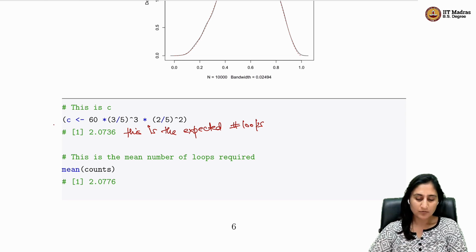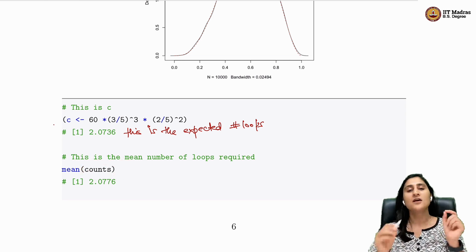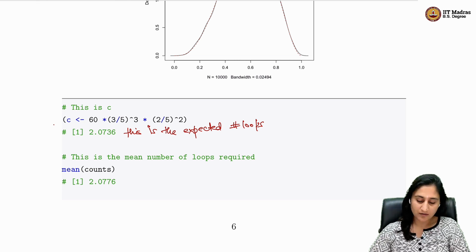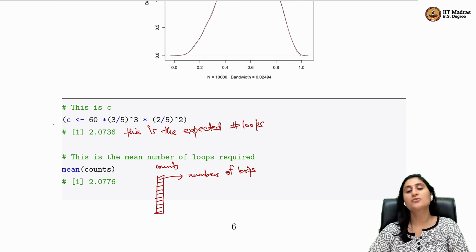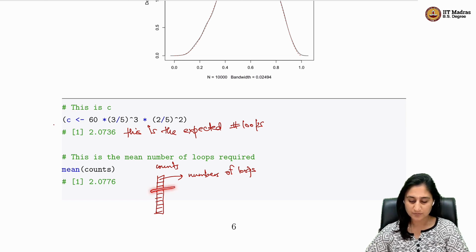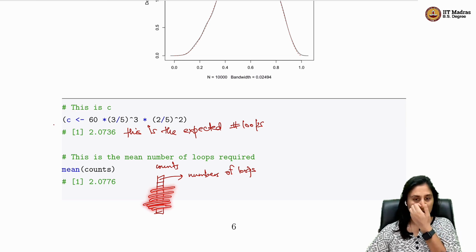Now, in the counts vector, in every slot of the vector, this has the number of loops the algorithm took to get an acceptance for the first time that the function was called, and then for the second time that the function was called, and then for the third time that the function was called, right? Every single time that the function was called.